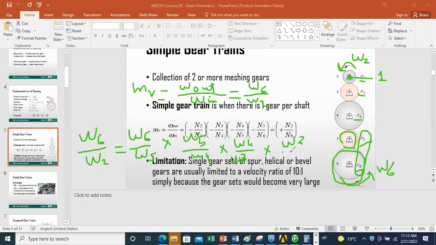Okay, so as we can see, we can decompose the gear ratio of the total system into gear ratios for each set of two gears in mesh.